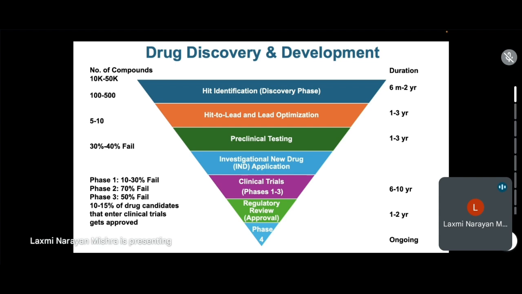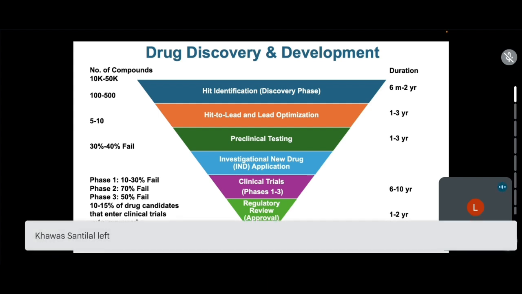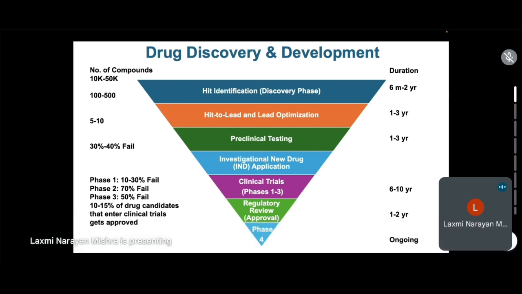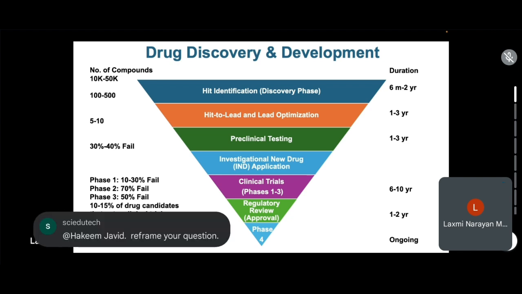We also go for potency testing during this stage, and that determines the half maximal inhibitory concentration. We also call it, in medical biology terms, IC50 or EC50 to evaluate the potency of the hits.